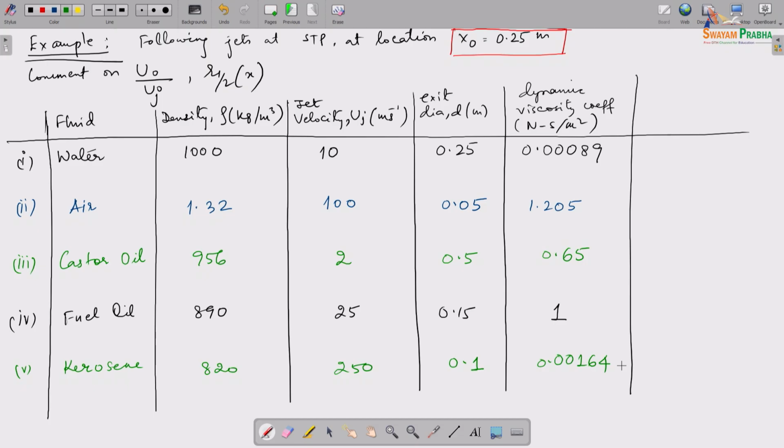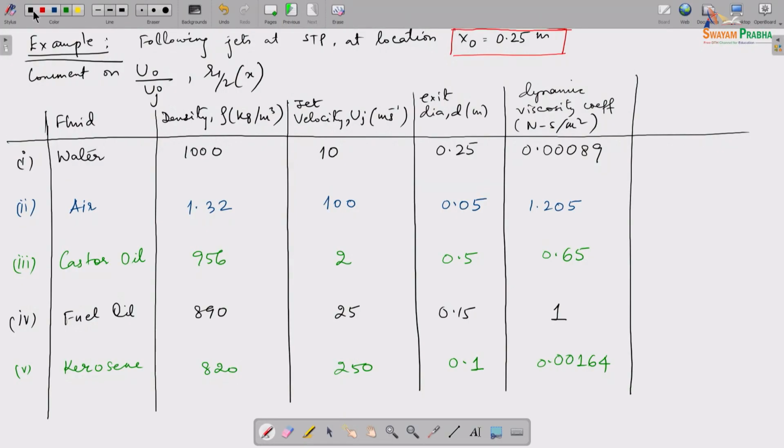So how do we comment on this, or what is it that we need to look at? First I thought that let us look at the Reynolds number. That will be nice to look at, and we will write it down here.